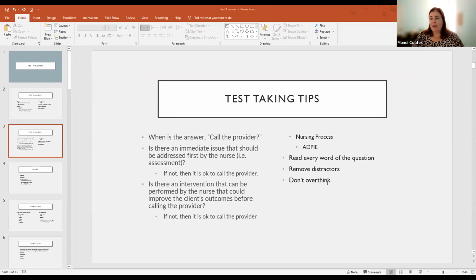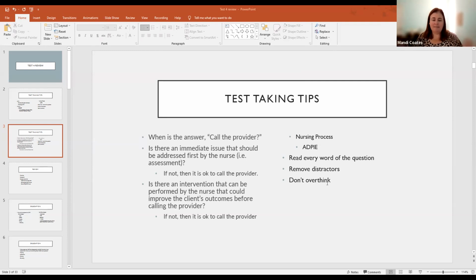So when do you actually call the provider? If there is an immediate issue that should be addressed first by the nurse, then don't just call the doctor. They're going to ask you if you did all of these things first. Is there an intervention that can be performed by the nurse that can improve the outcomes before calling the provider?